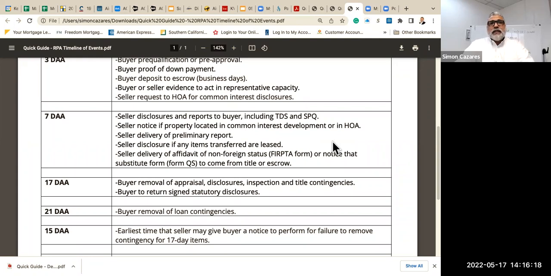Development or in an HOA, seller delivery of a preliminary report, meaning the title report, seller disclosure of any items transferred or leased, such as, what do we call it, the solar panels, right? Water filtrations, right? Anything that has been leased or incorporated.